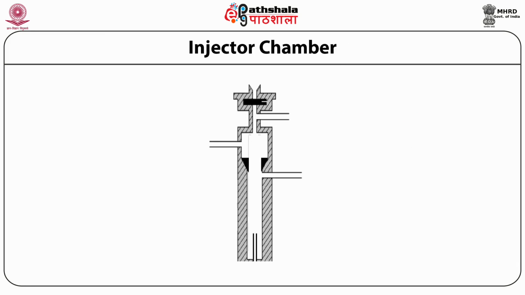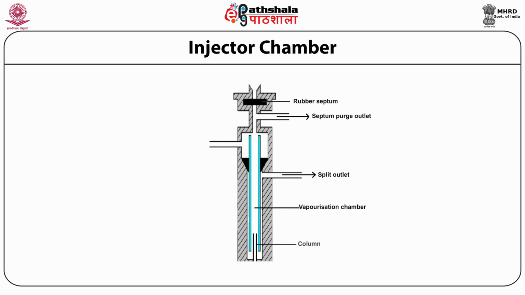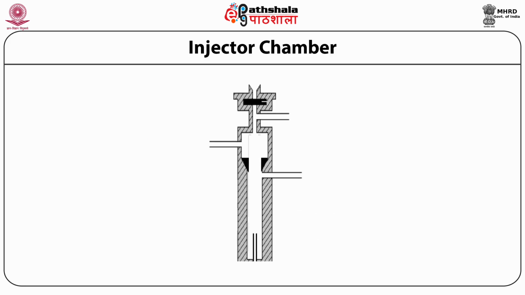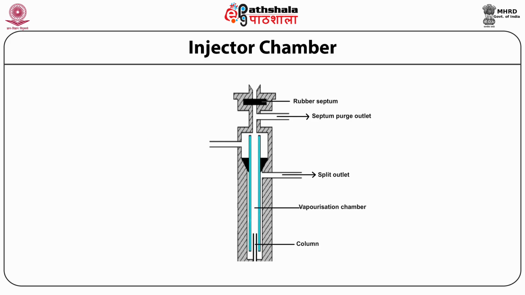So here is the injector chamber, or the typical construction of an injector chamber that you typically see in a GC system, and it is constructed this way because our injection of the sample may be split or splitless, which means that either the whole of your sample is loaded onto the column, or only part of it is loaded onto the column.